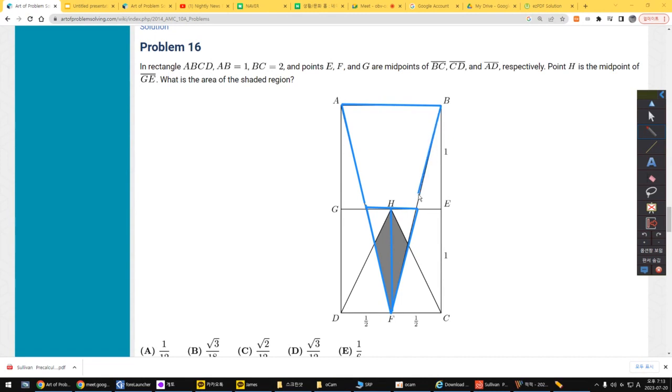So there are a small triangle and a big triangle, and the ratio of similarity is 1 to 2 because G and E are midpoints.